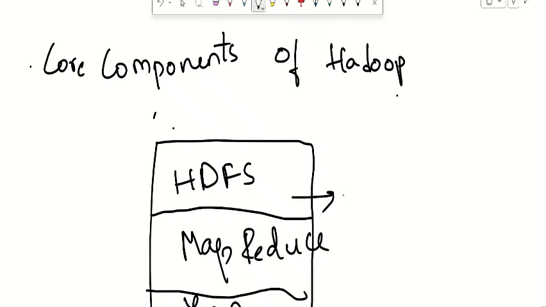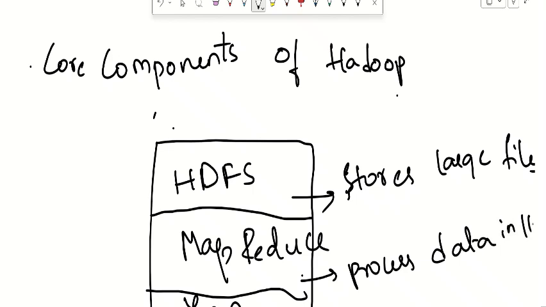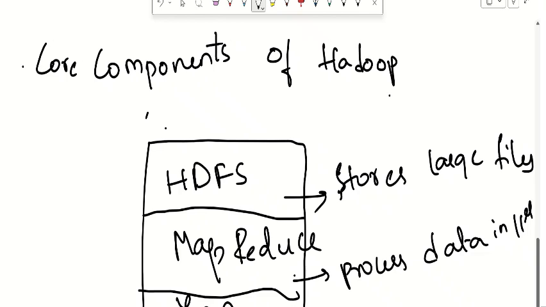HDFS means Hadoop Distributed File System, which stores large files across multiple computers. MapReduce processes the data in parallel across the clusters. YARN manages the clusters' resources and schedules the jobs.